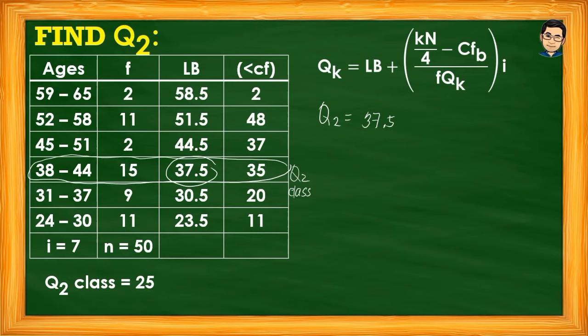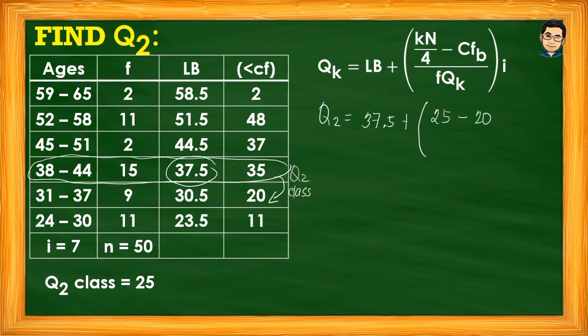Next, plus the quantity of kn over 4 minus cumulative frequency before all over frequency of the quartile class. So, kn over 4, sagot natin is 25. Minus the cumulative frequency before the quartile 2 class, and that is 20. Mas mababa sa kanya. Tandaan, pag less than, mas mababa.